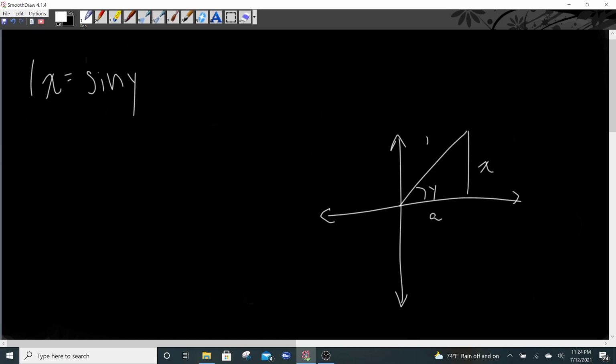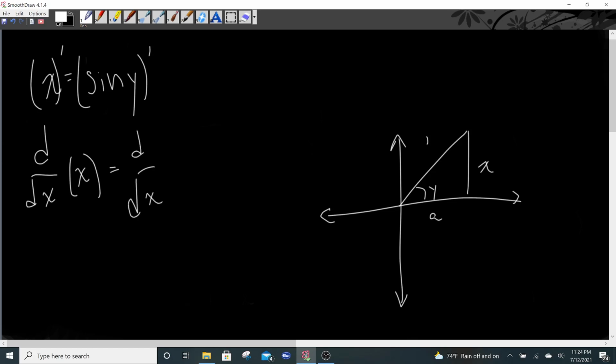We're going to find the derivative with respect to x of both sides, so d/dx of x, which I'm pretty sure I did like 2 seconds ago, is just going to be 1 again, and then d/dx of sine y.